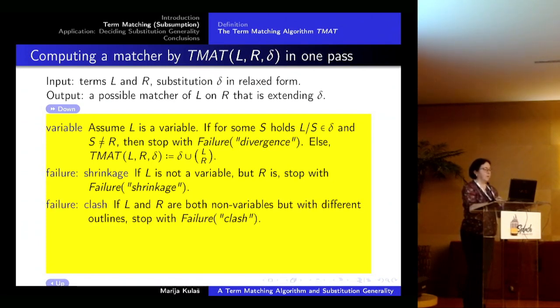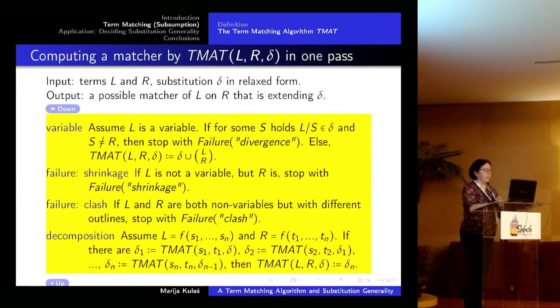The next failure is clash, because if you have non-variables but with different outlines, the top level functor and the number of arguments, so predicate indicator in ISO standard. And the last rule handles 2 terms with the same outline, so we need to iterate the algorithm and update the accumulator as expected.